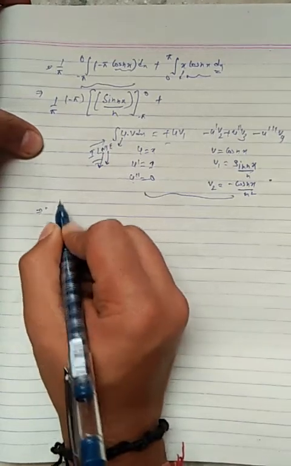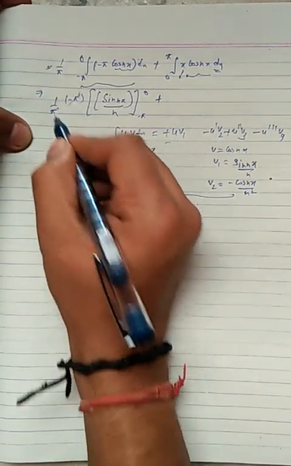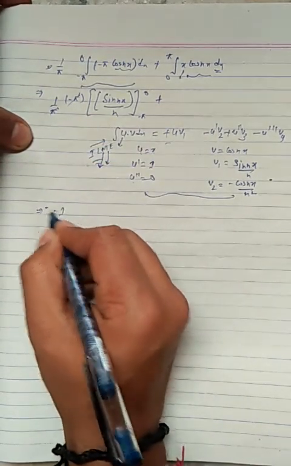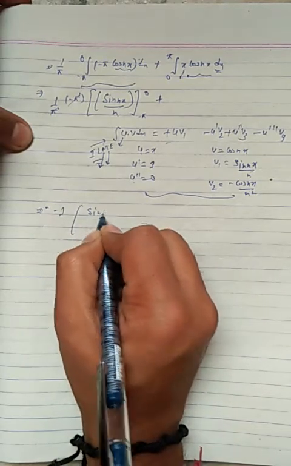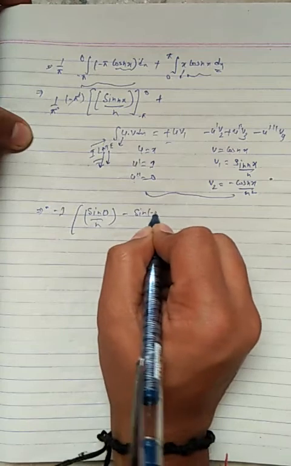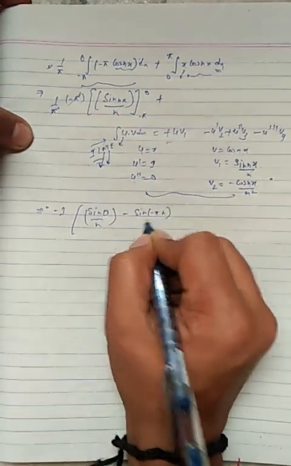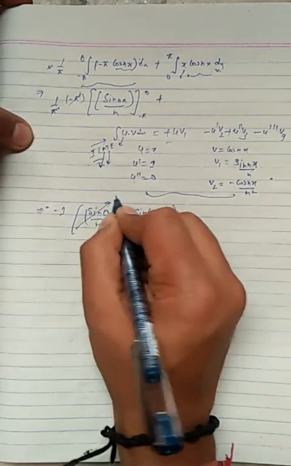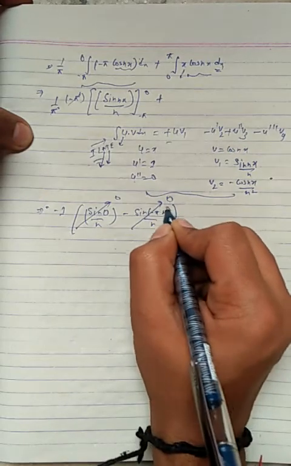Now applying these values in the formula, this became as it is: minus 1 into sine of 0 by n minus sine of minus pi n divided by n. This is 0, and sine of n pi is always 0.